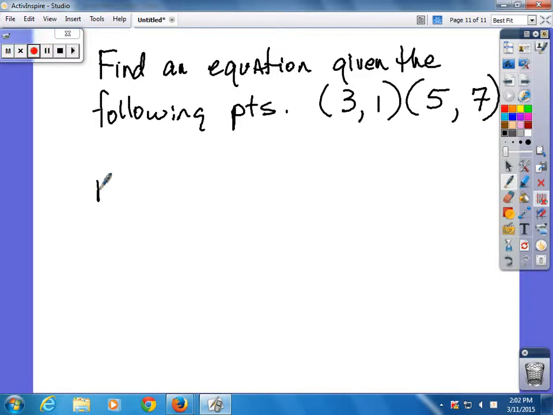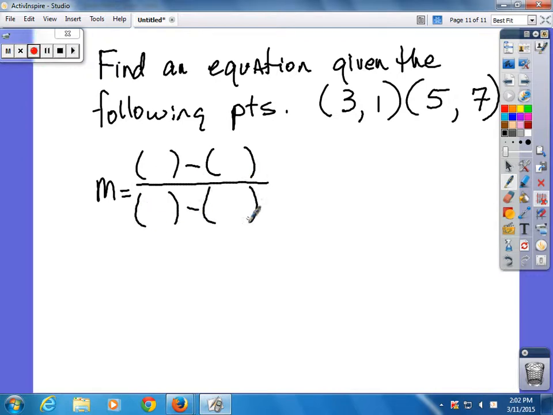So m is equal to y sub 2, 7, minus y sub 1, 1, over x sub 2, 5, minus x sub 1, 3.